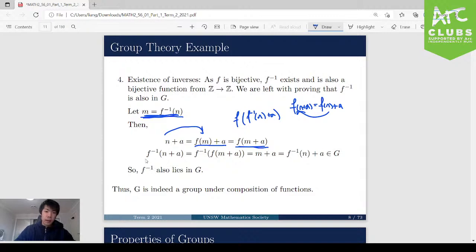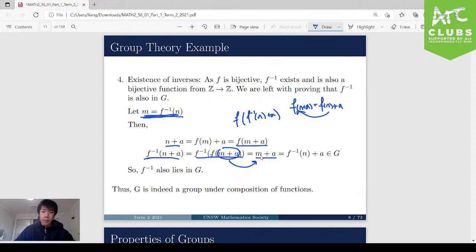Okay. Now if we apply f inverse to both sides of the equation here, so we apply f inverse to this and f inverse to this, then we get this equals to this, correct? f inverse of n plus a equals f inverse of f of m plus a. But f inverse of f would just reduce back down to nothing, and so you're just left with m plus a. So you have f inverse of n plus a equals m plus a. We're just left with this side, this part inside, right?